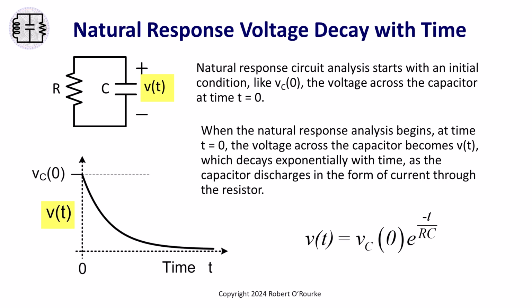When the natural response analysis begins, the voltage across the capacitor, which started at V sub C0, becomes the time-varying voltage V of t, which decays exponentially down to zero, according to the equation shown for V of t.